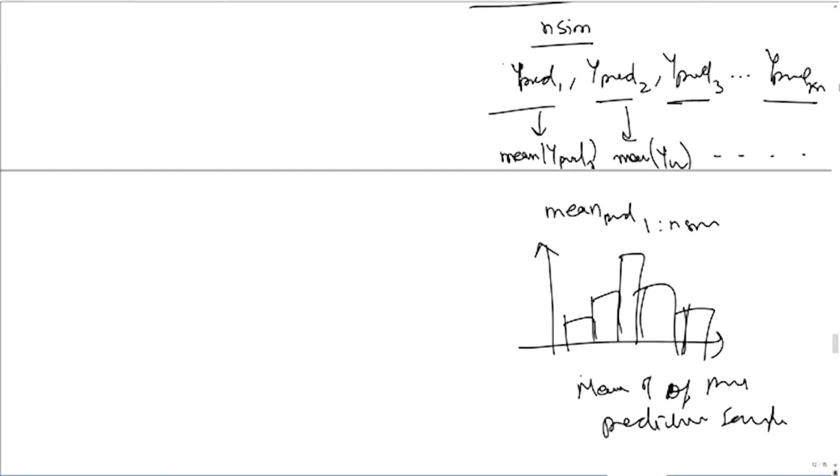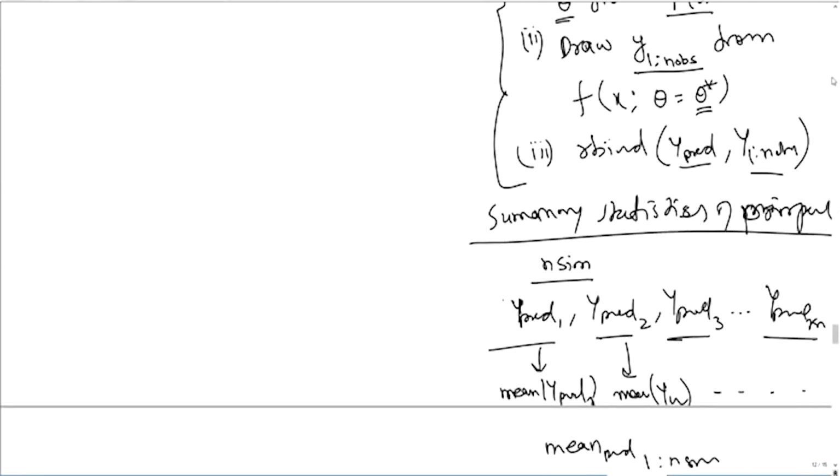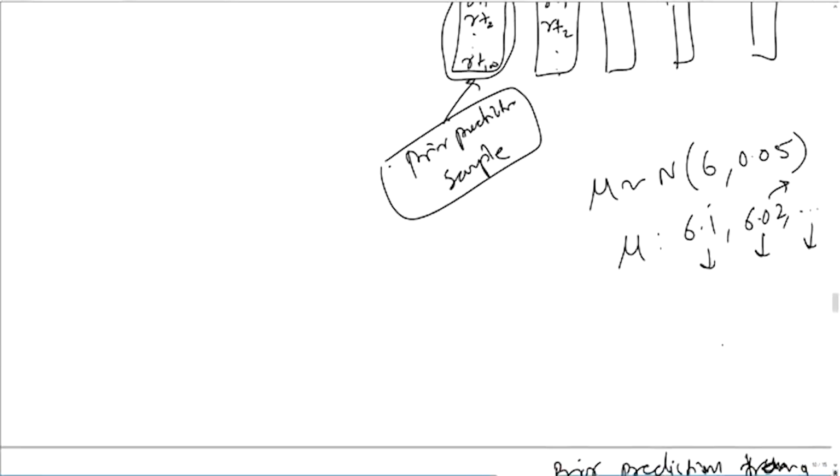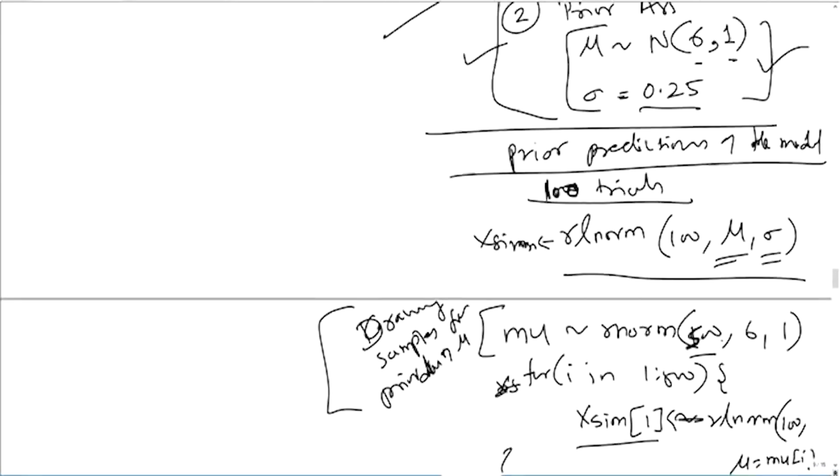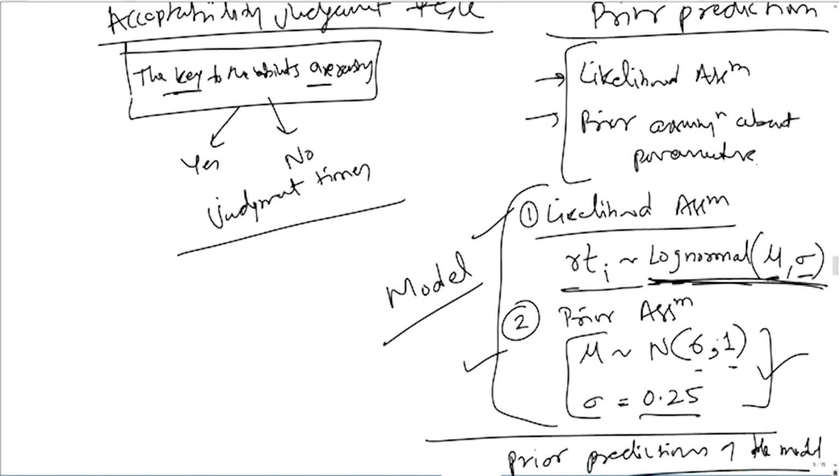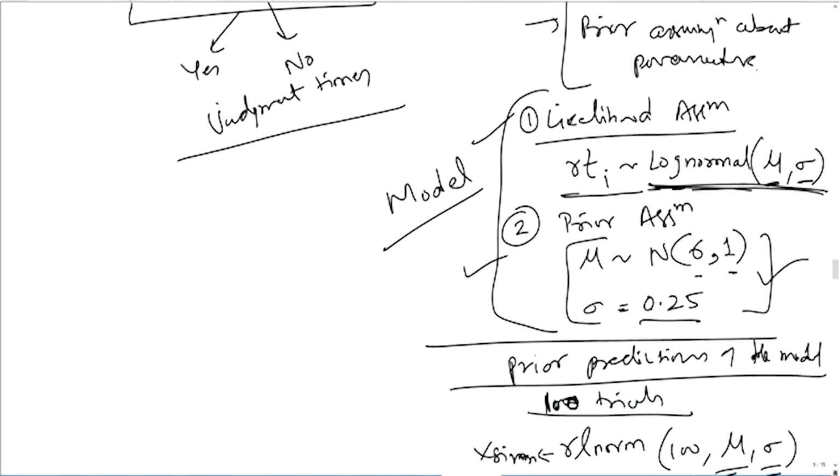Let's say you are doing this even for the experiment that we were planning here, the judgment times experiment. Hypothetically, you assumed that the prior on mu is normal(10, 1). Let's say you do not have a very good idea, you just took a guess and decided this prior seems okay.